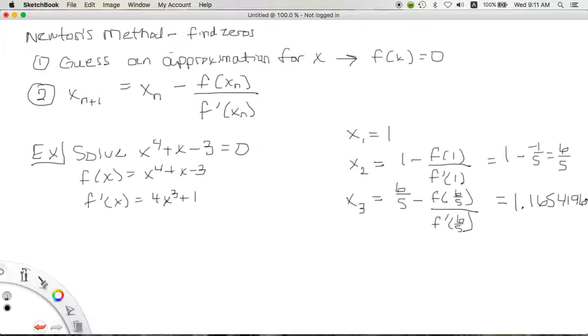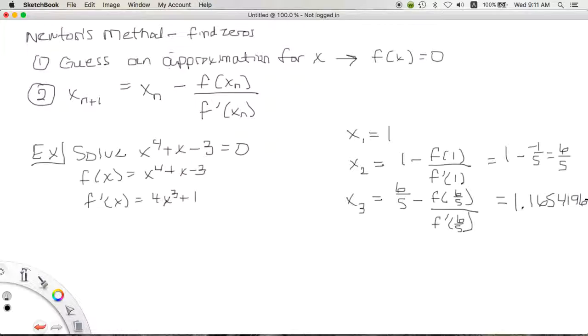You can use your calculator and set up an actual function where you're using f of the answer. You set it up and you put y1 is the function and y2 is the derivative, and then you hit 1, enter, and that'll be your answer.